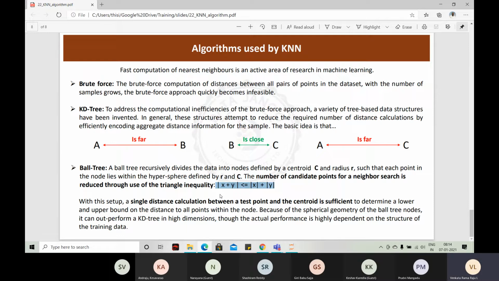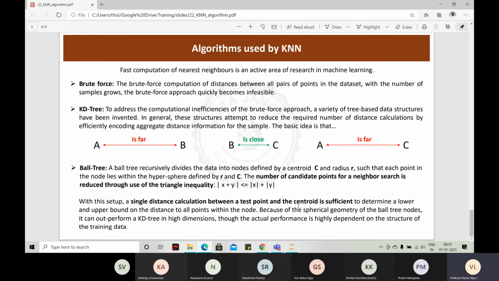With this setup, a single distance calculation between a test point and the centroid is sufficient. Whenever you get a data point, you take all the centroids and calculate the distance between the new data point and the centroids to determine lower and upper bounds of the distance to all points within the node, within that cluster, or the hypersphere.